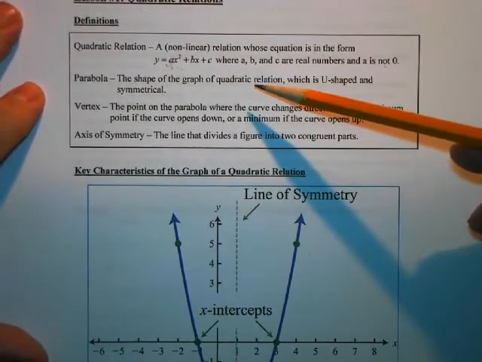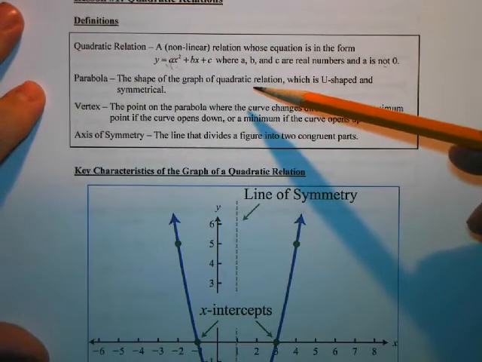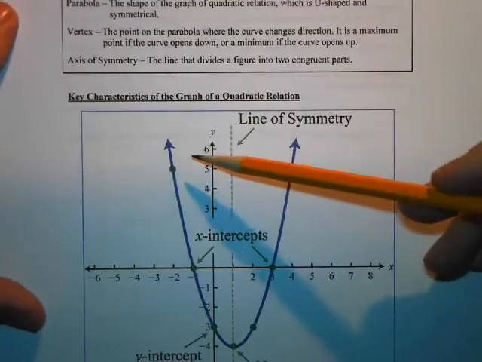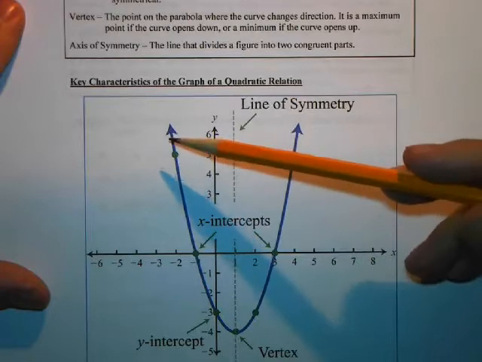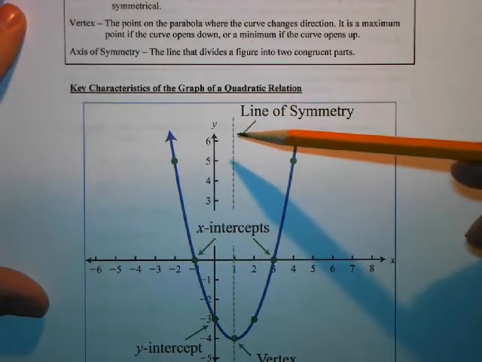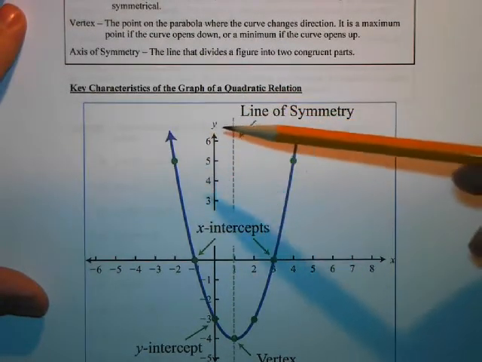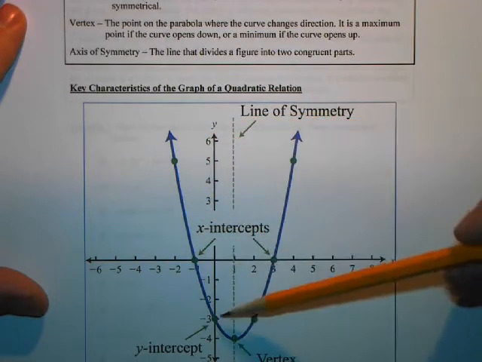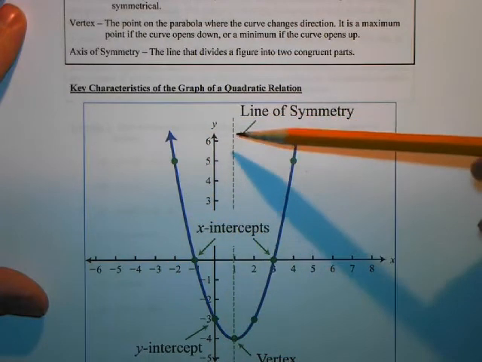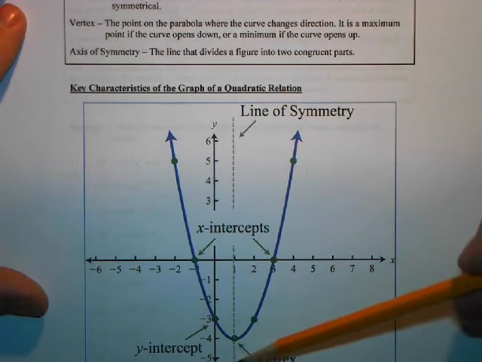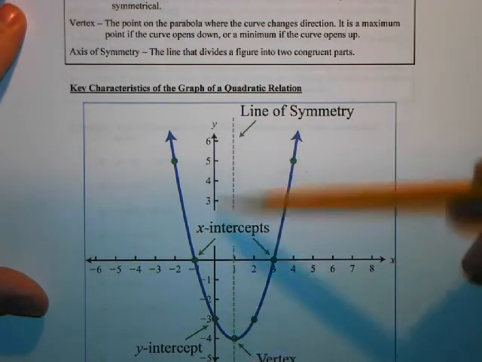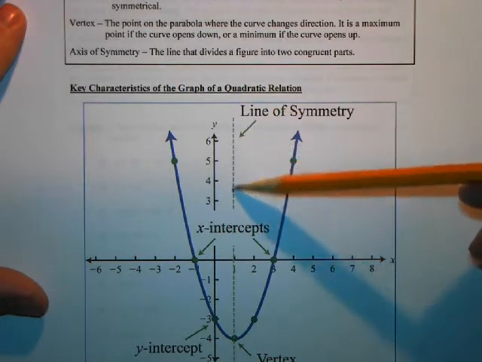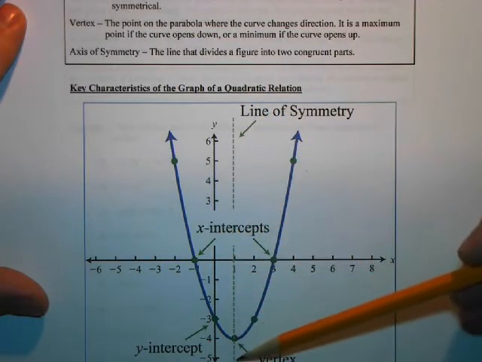Just like a linear equation had a line when you graph it, a quadratic relation has what we call a parabola. The first thing about a parabola is that it's very symmetrical. Basically, you can draw a line exactly down the middle of this thing.